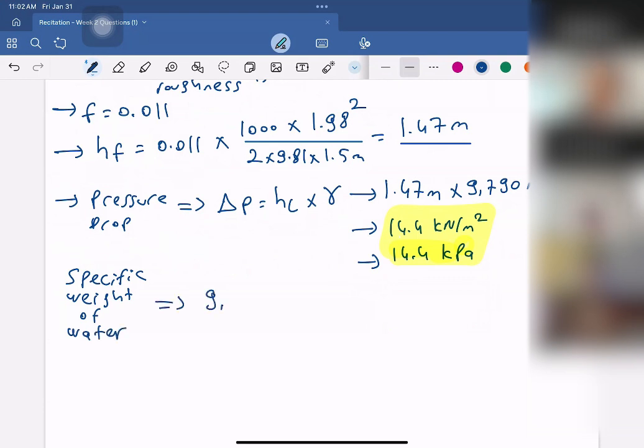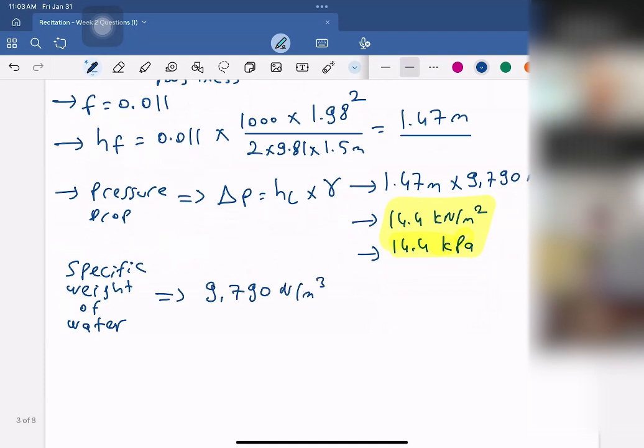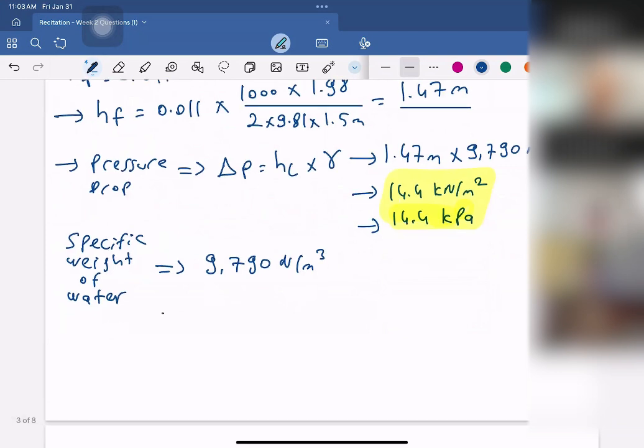It is this value if it is international units, or if it is British, it will be this, or you can use it as kilonewton per cubic meter. Is that clear? Yeah. Okay, great.